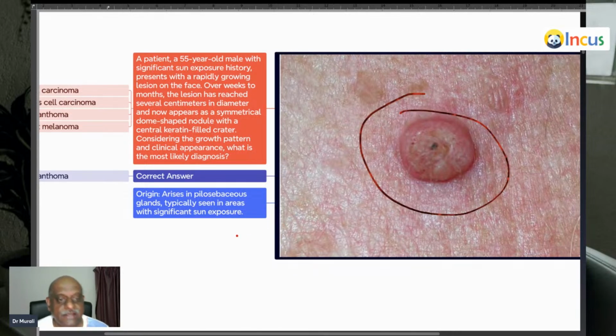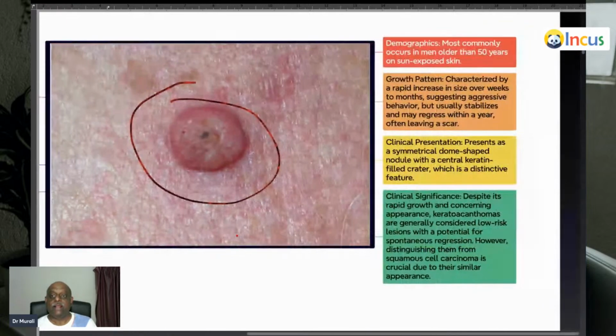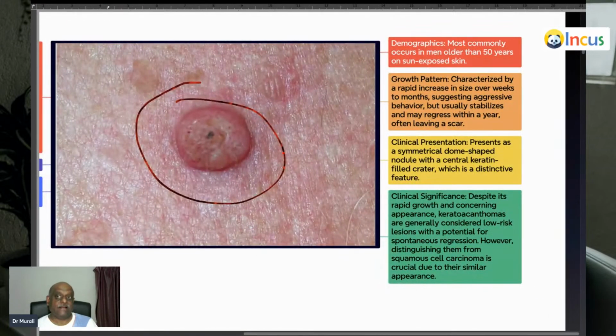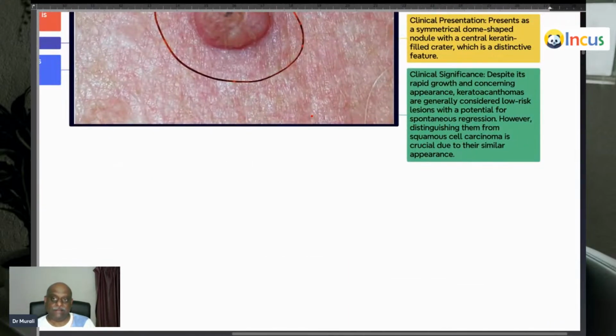This is arising in the pilosebaceous glands. This is an example of keratoacanthoma. There's a rapid increase in size over weeks to months because of its aggressive behavior, but it will stabilize and even regress within a year, only leaving a scar. So that's what you need to basically remember.